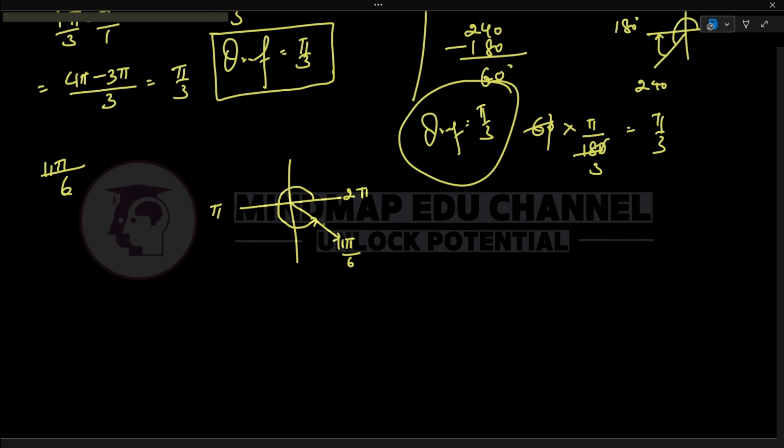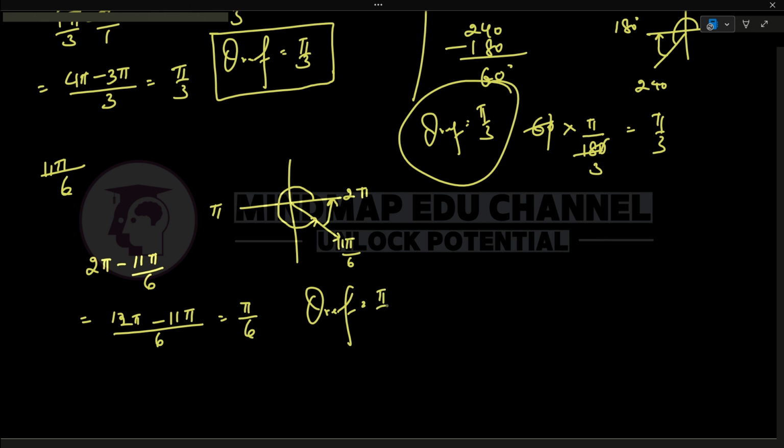Its nearest x-axis from the terminal side is towards 2 pi. So the reference angle will be 2 pi minus 11 pi over 6. So it will be 12 pi minus 11 pi over 6, and here it will be pi over 6. So our reference angle for 11 pi by 6 is pi over 6.